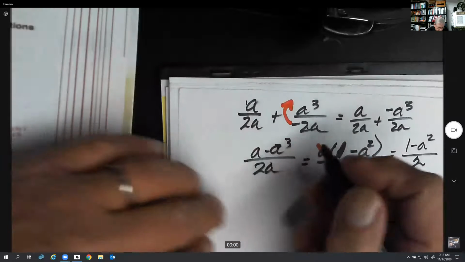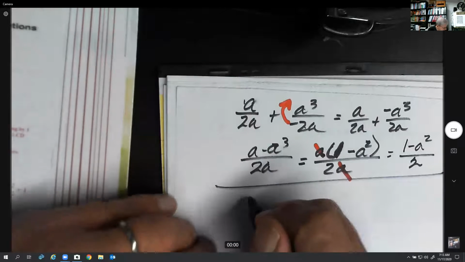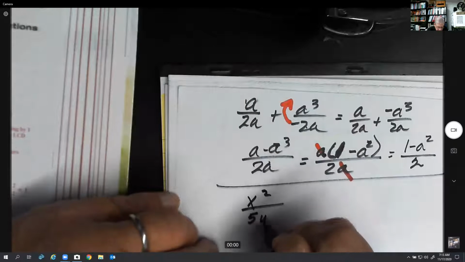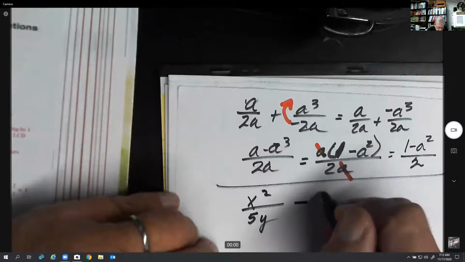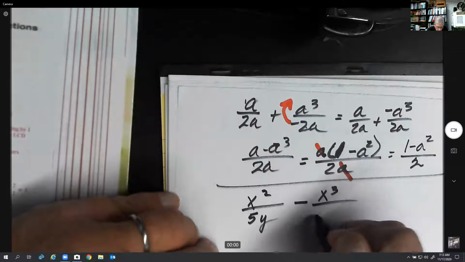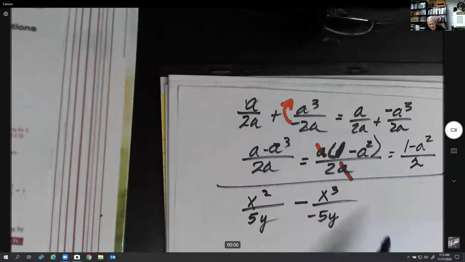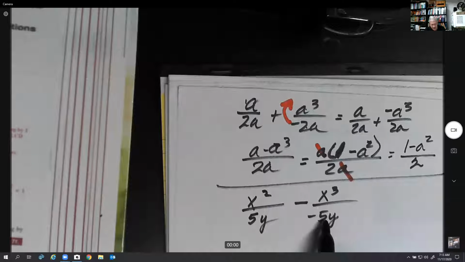All right, here's another one like that. This is a subtraction problem. What I do on this one is I'm going to think in my head, I'm moving this up. So if I change this on the bottom, I'm going to change this on the top.